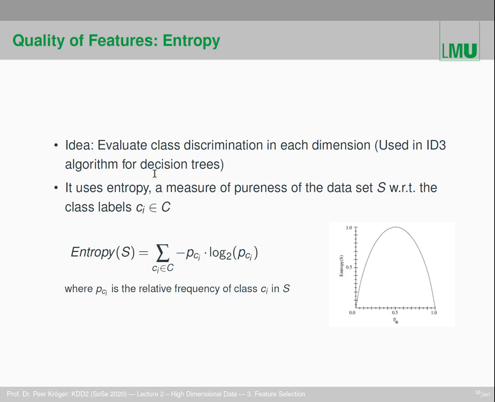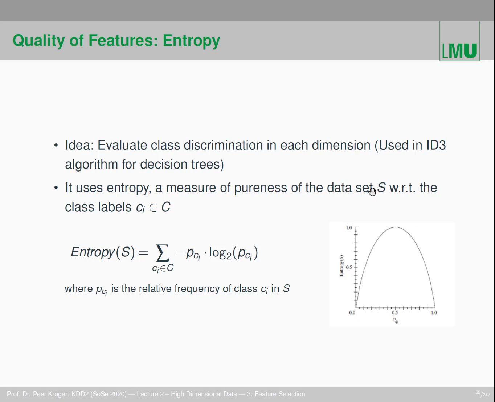And once again, we use entropy as a measure of the pureness. So entropy measures the pureness of a data set with respect to a given class label. And the entropy can be just computed as this one here. P(ci) is the relative frequency of class ci in the training set.